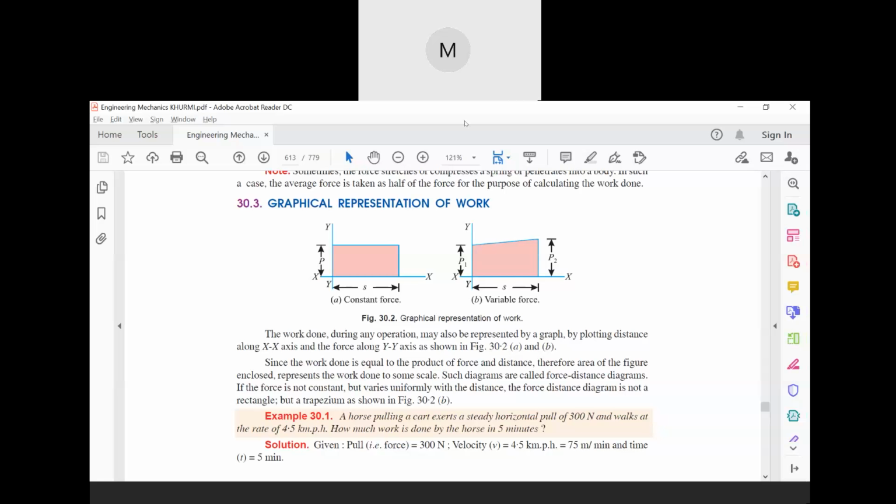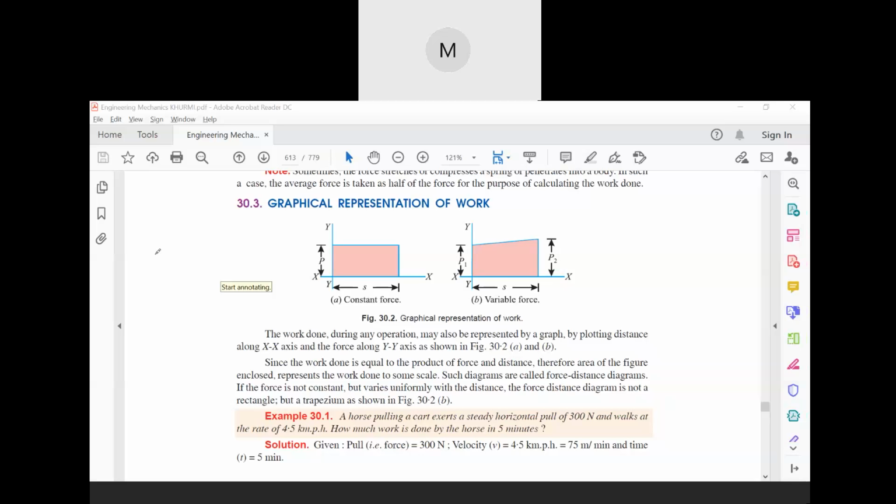Simple. Suppose some amount of force is acting. Maybe it is P Newton force, so we have to simply put that value of P along the axis. Look, if we are putting it along this axis, you have to take it as this value.